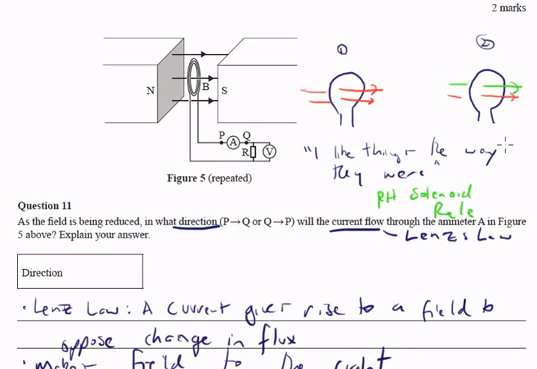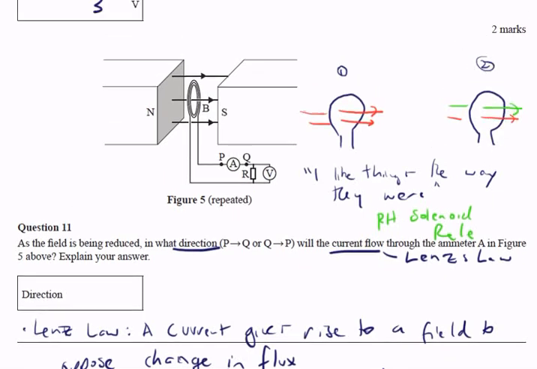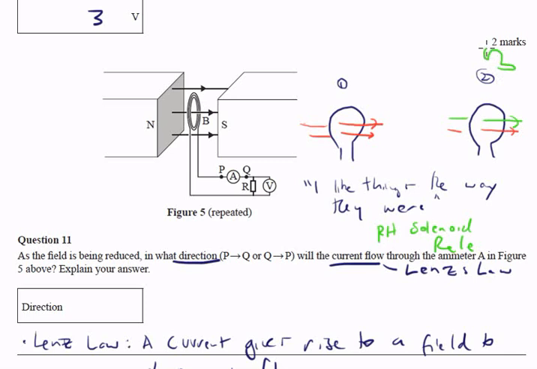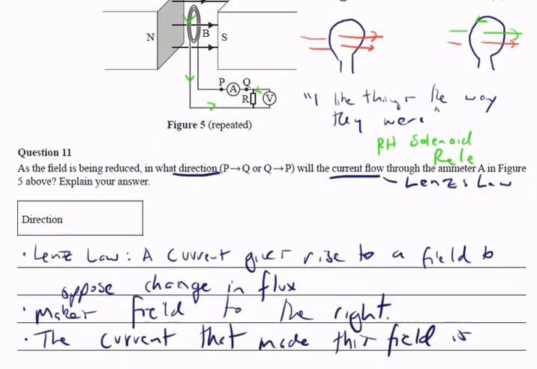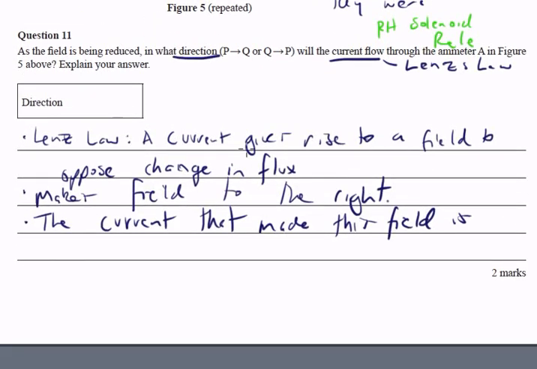If I grip this with my right hand, my thumb points in the direction of the north, which is that way there, with this arrow, and my fingers follow the current round, which we don't know what it was, but I lined my thumb up first, and the only way I can do that is if I grip this way, so the current must be going this way, along here, from Q to P. This field is from Q to P. There we go.